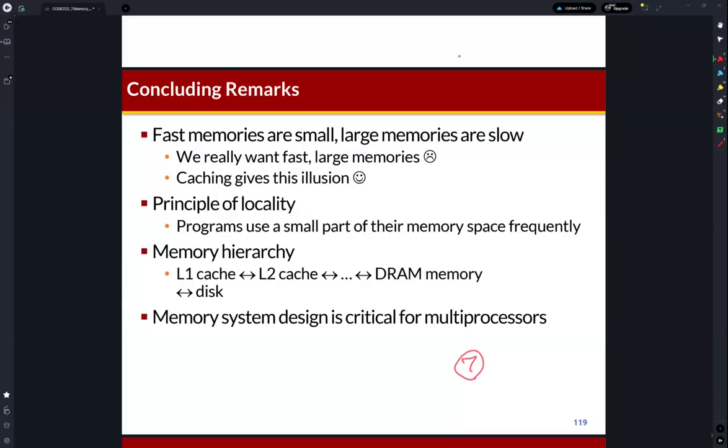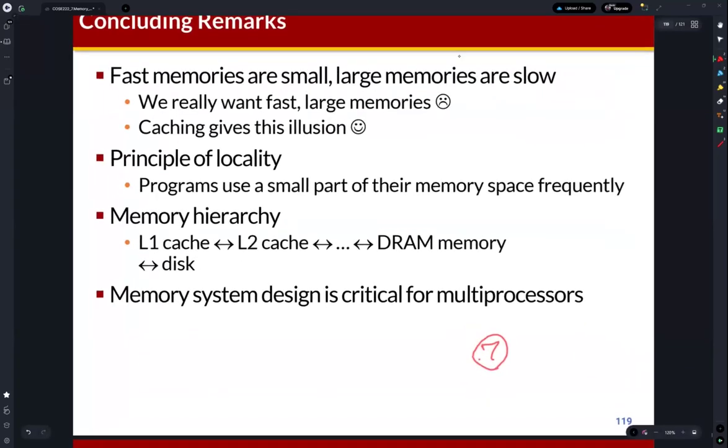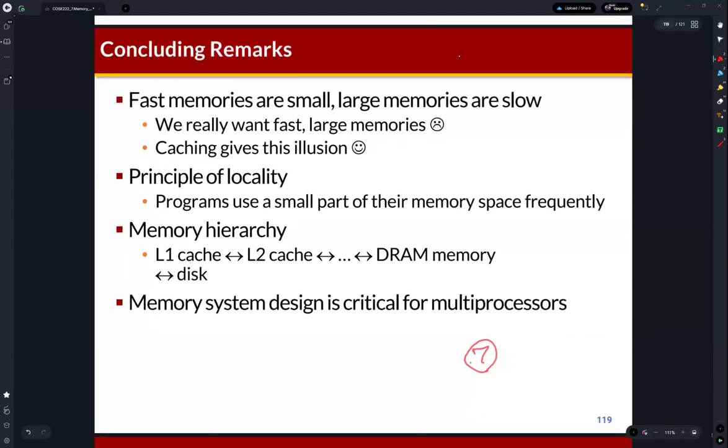But I frequently mention this as chapter 5, because chapter 5 of the textbook covers the memory hierarchy. Okay. So we learned about the memory hierarchy, then cache, and then virtual memory. These are very important topics because, as I mentioned, the performance of memory systems is critical for the performance of overall computer systems.